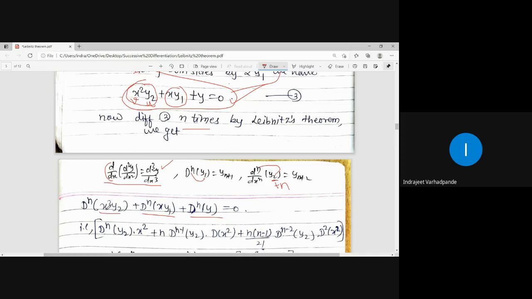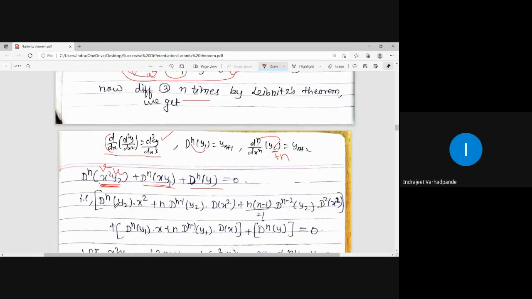nth derivative for the product of x square into y2, nth derivative for the product of x into y1, nth derivative of y. What is the nth derivative of y denoted by? yn. Now apply Leibniz theorem for this. For the second time, those who have not yet understood, please concentrate. dn of u into v. This is our u, this is our v. So dn of u means dn of y2, into v means x square. nc1 is n, dn minus 1 of u into d of v, plus nc2.